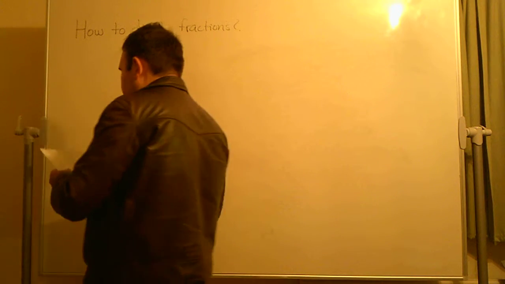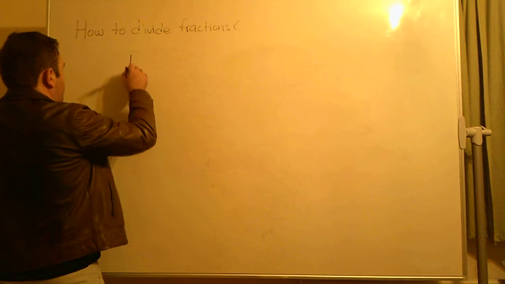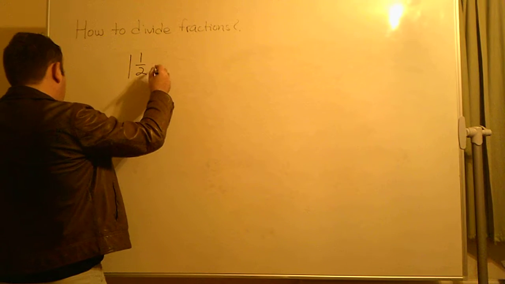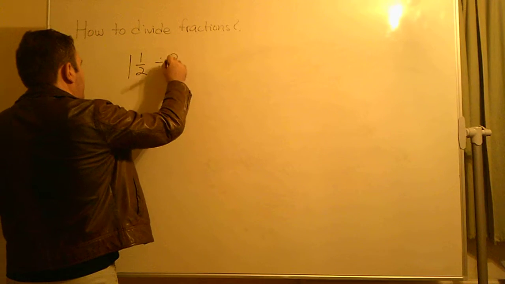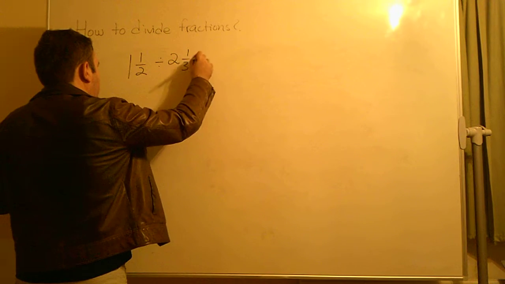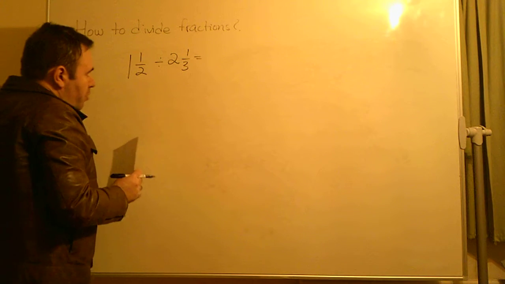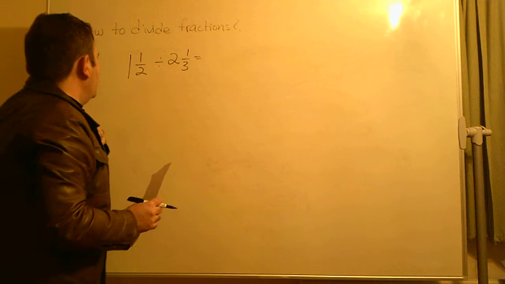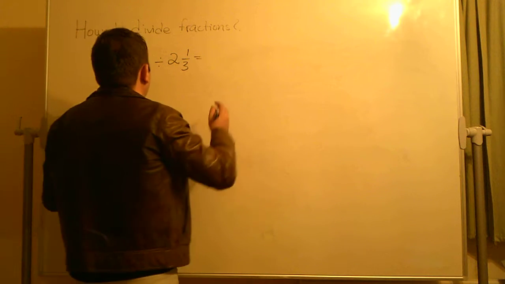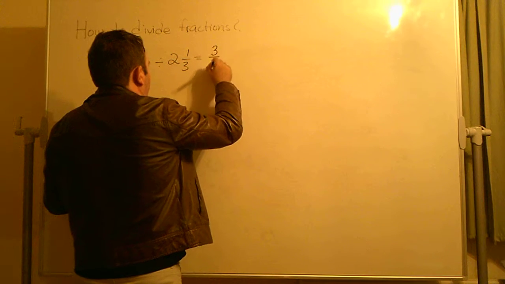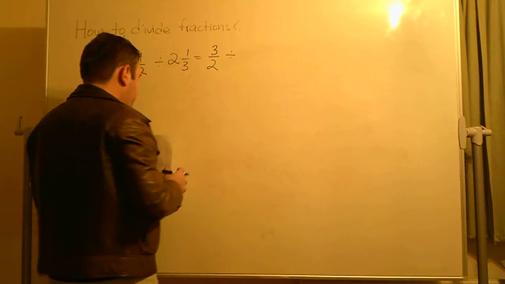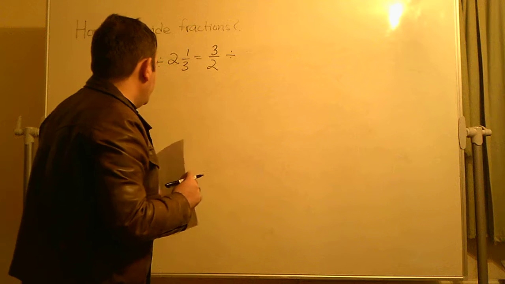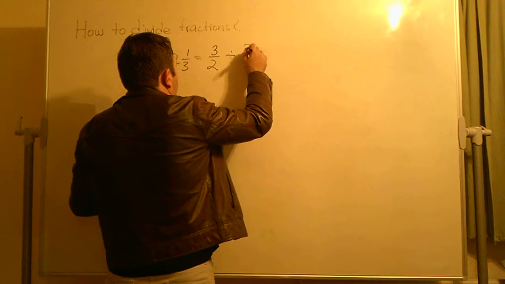Well, when we have mixed fractions, for instance, 1 and 1/2 divided by 2 and 1/3. First of all, we need to turn these mixed fractions into improper fractions. So 2 times 1 is 2 plus 1, 3/2 divided by 2 times 3 is 6 plus 1, 7/3.